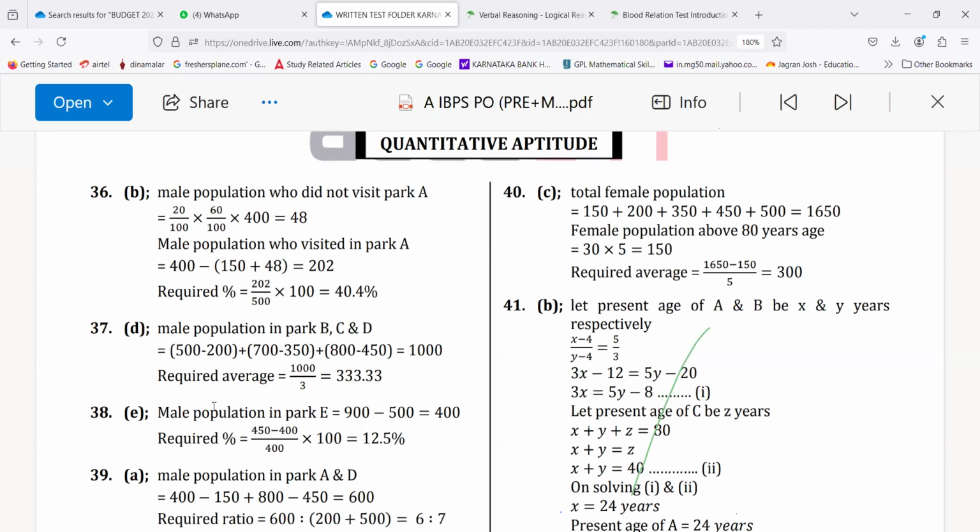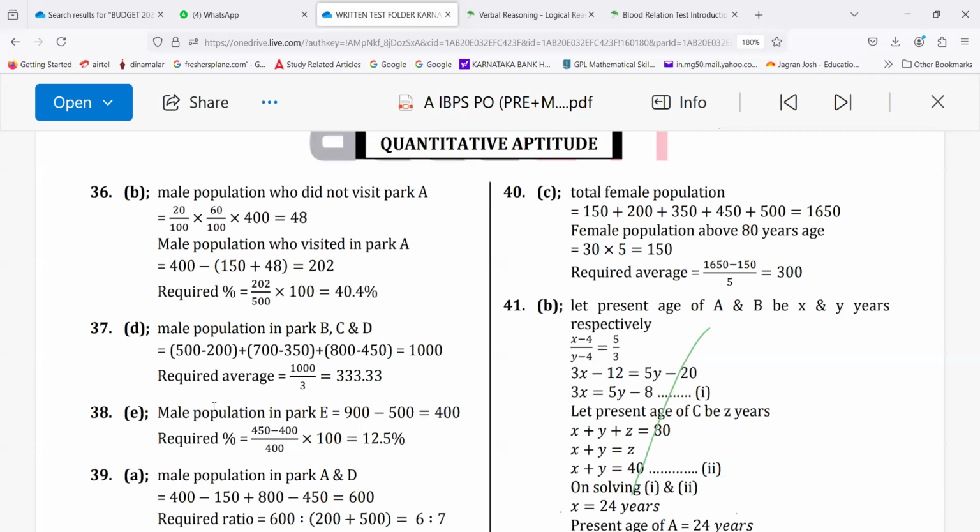Sir, in Park A, the population is 400 and 20% is absent. In that 20%, 60% is male.